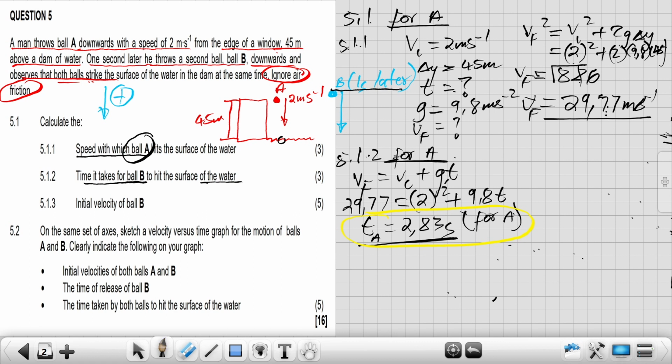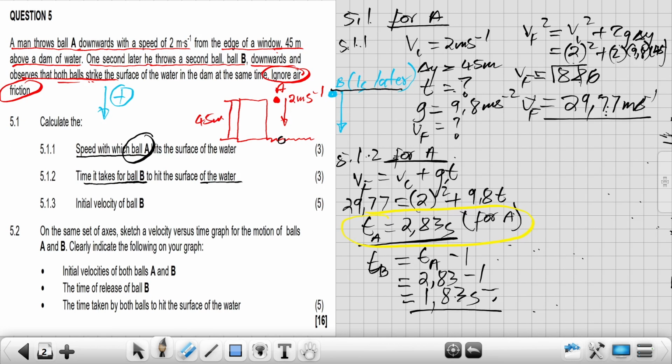So for me to get the time for B, I should be able to say TB equals TA minus 1. Remember, it was thrown downwards 1 second later. So I know that this is 2.83 minus 1. It will give me something like 1.83 seconds.